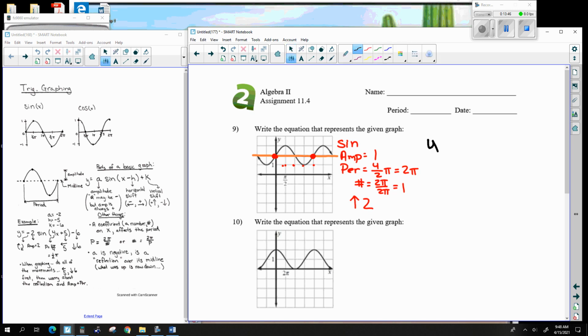Okay, so this is a sine, so y is equal to sine. So we have an amplitude of 1, period of 2 pi, so that yields an inside number of 1, and then this is up 2. Again, you don't have to represent ones, so this is ultimately going to be 1 sine x plus 2.